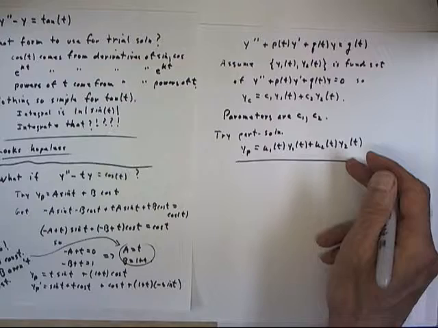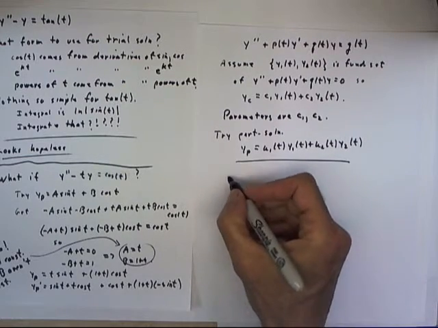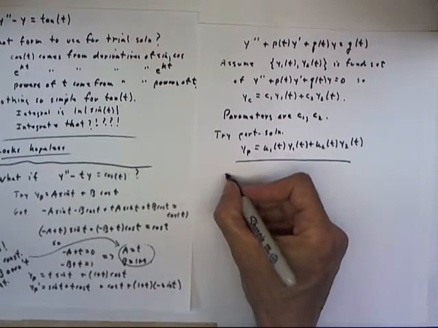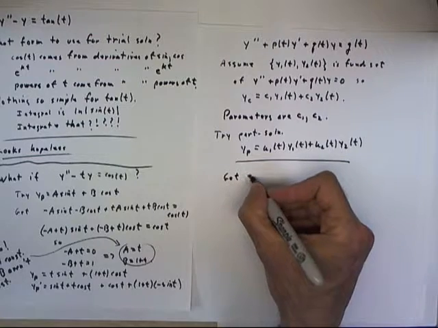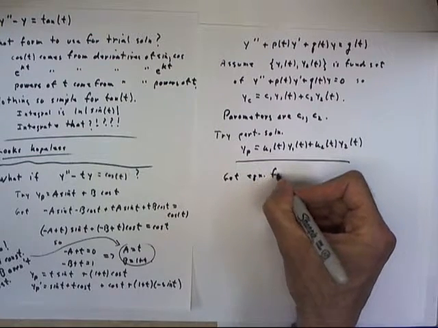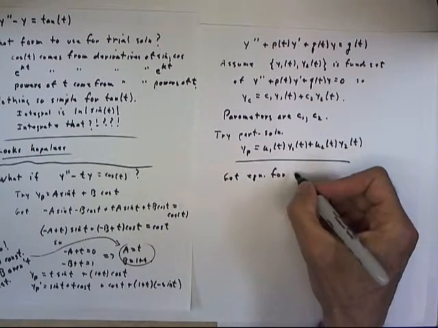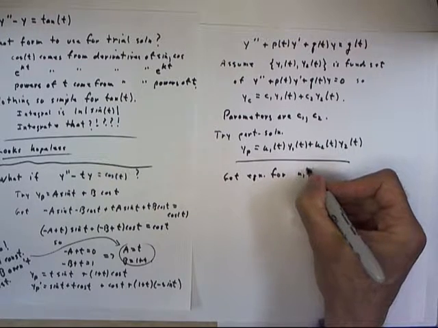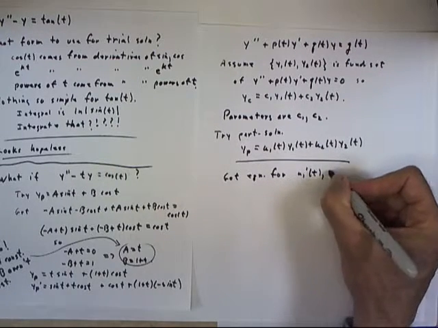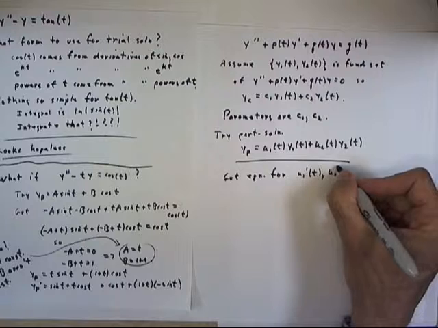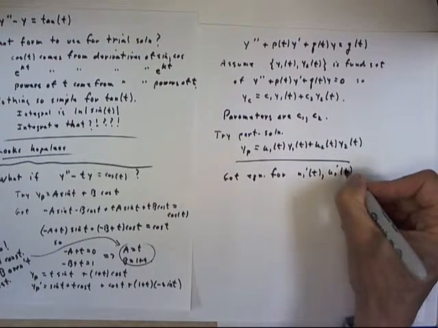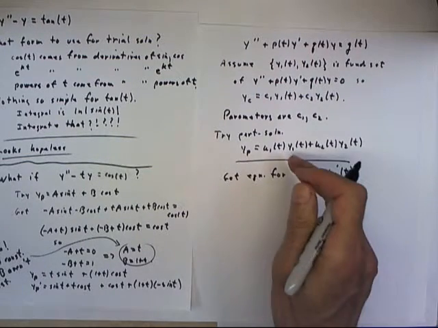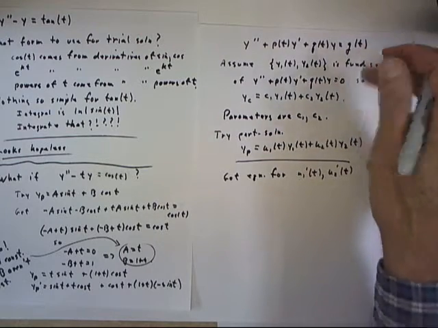So if we do this, we find that we can get an equation for u1 prime of t and u2 prime of t in terms of y1 and y2 and g.